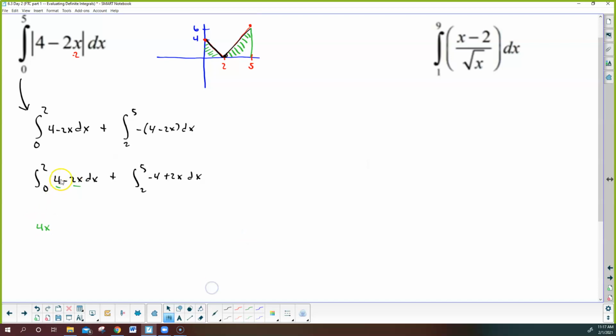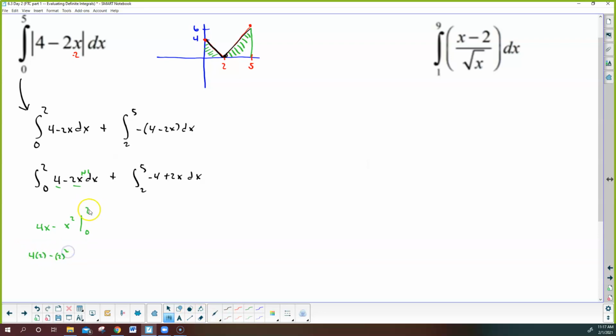We get 4x, that's the antiderivative of 4. This already has a 1, so if I add a 1, I end up with x squared. And if I take the derivative of this, notice the 2 comes down, so I get back where I started. And then I have to evaluate that from 0 to 2. So let's just do that part quick.